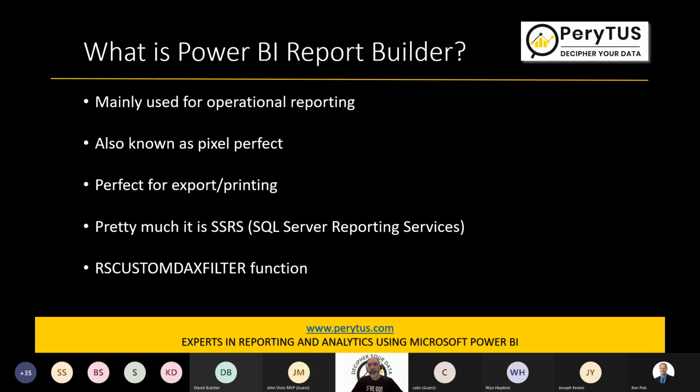We will look at an example, but I just want to highlight this. If you are working with Power BI paginated reports, you will come across this function in the query which gets developed behind the scenes, and it is purely used for Power BI paginated reports.